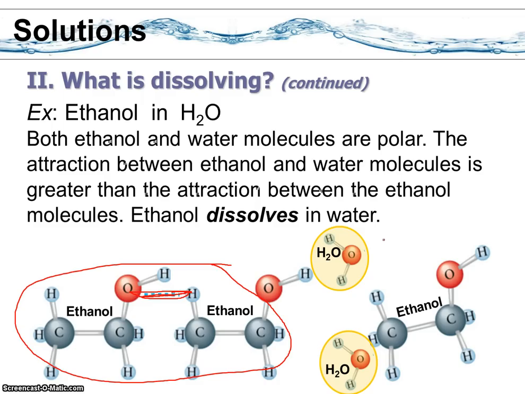However, when the water molecules come in contact with the ethanol molecules, the intermolecular force or attraction between the water and the ethanol is going to be greater than the force that is keeping the ethanol together. So as we can see in this picture, the water molecules are going to be pulling the ethanol molecules apart, and ethanol and water are going to be attracted to each other. So ethanol will dissolve in the water.